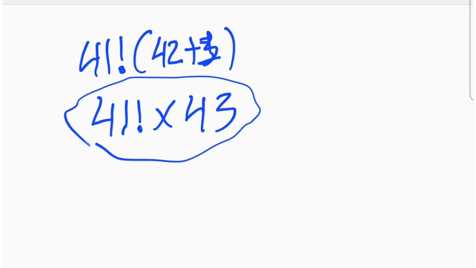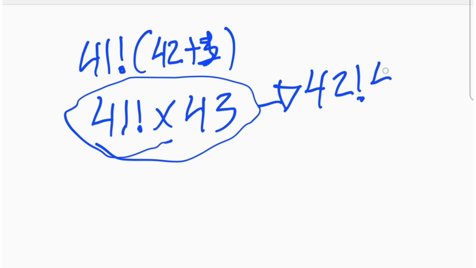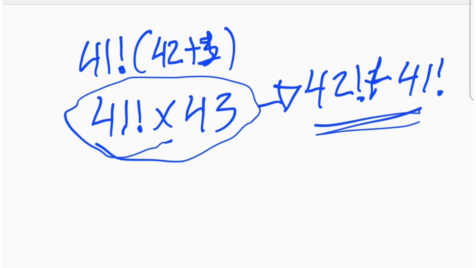So this is the simplified version of 42 factorial plus 41 factorial. So we have expanded the right hand side of the equation. So now we can compare which is bigger.